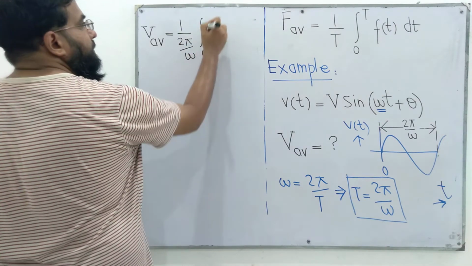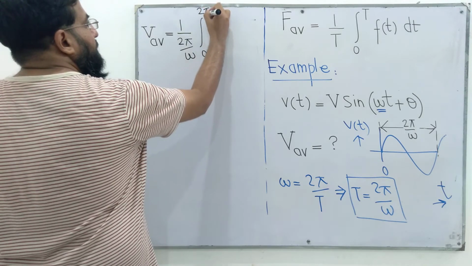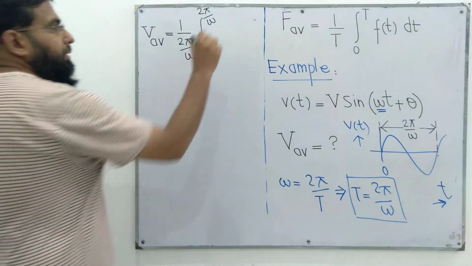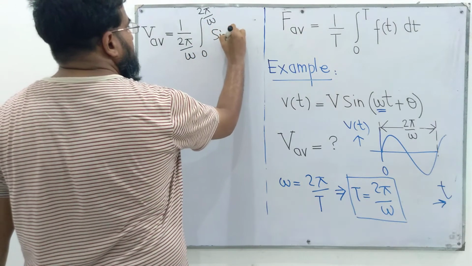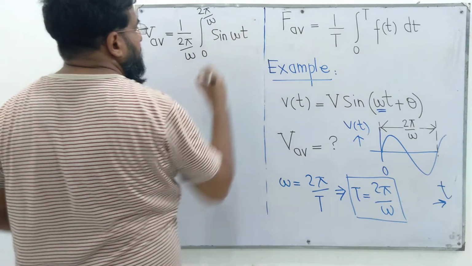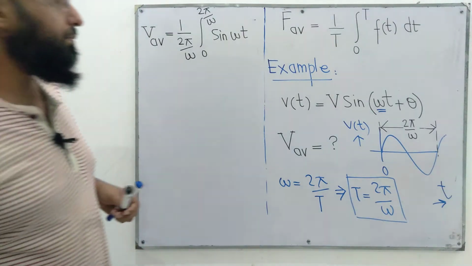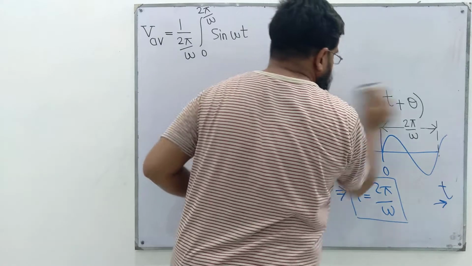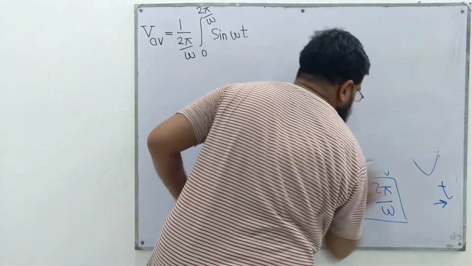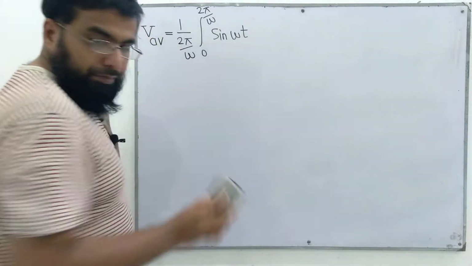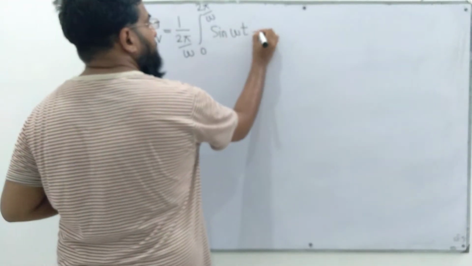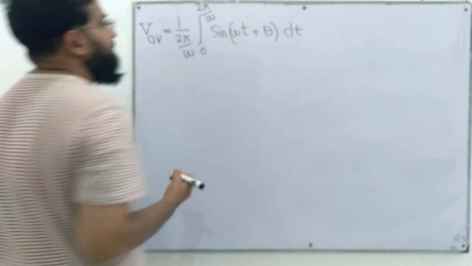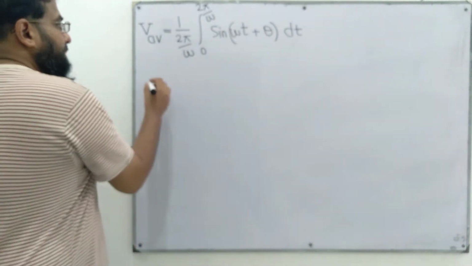Integrated from 0 to time period 2 pi over omega sine omega t plus theta dt. Let's solve it.